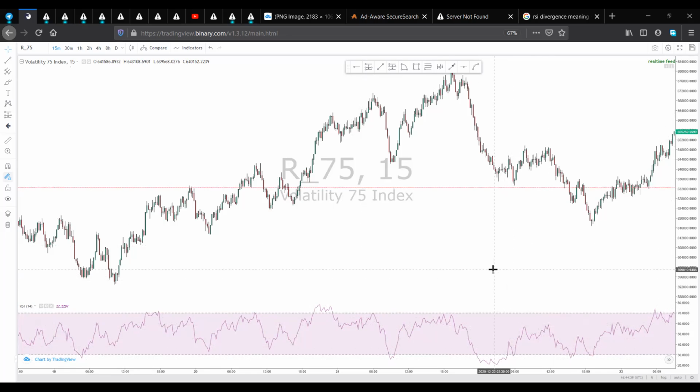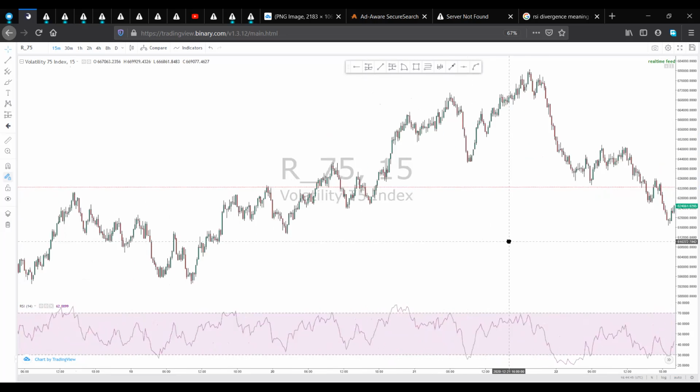So right now, let me show you how the divergence works perfectly. So let's look for the buys.